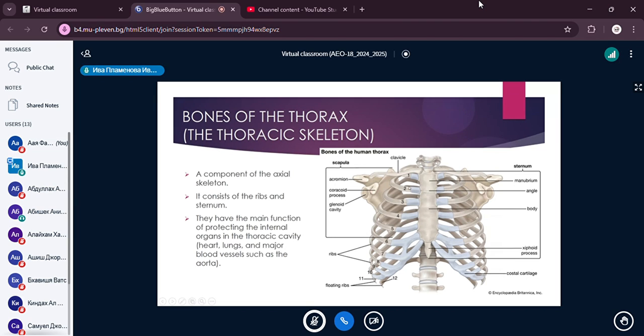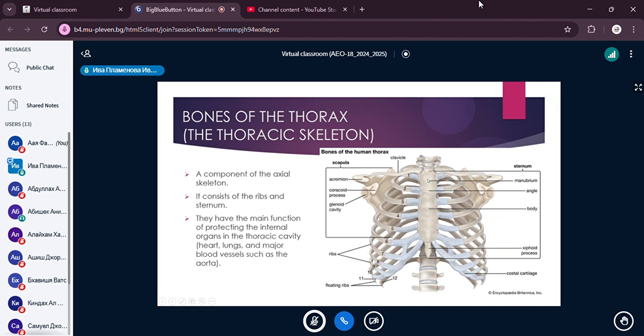When you go to the clinic, you have to count the intercostal spaces, and that's the way. First, you have to find the sternal angle, and now you can see that this is the level of the second rib. And of course, 12 pairs of ribs.